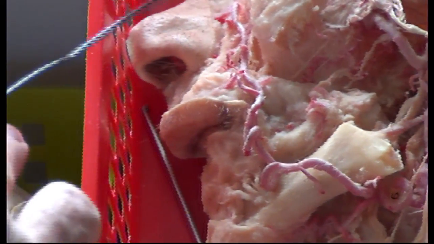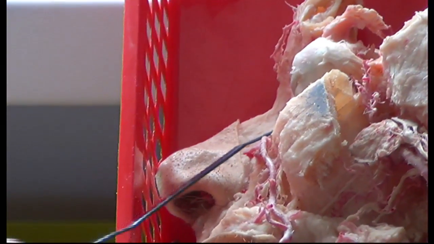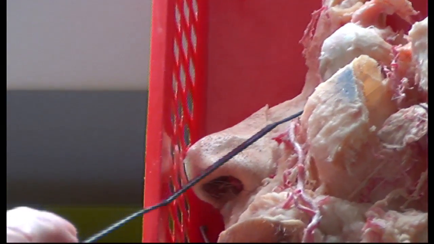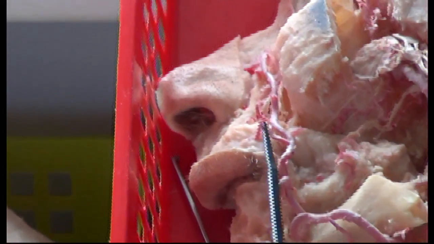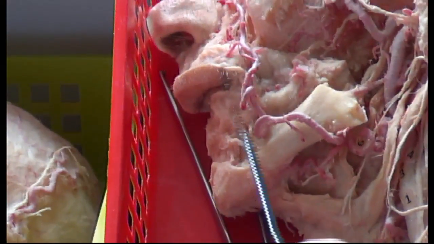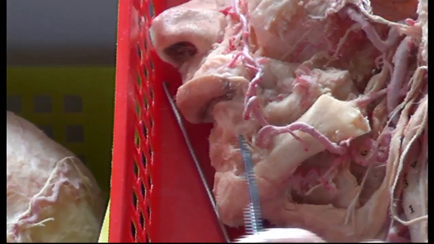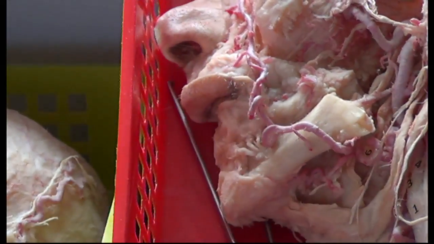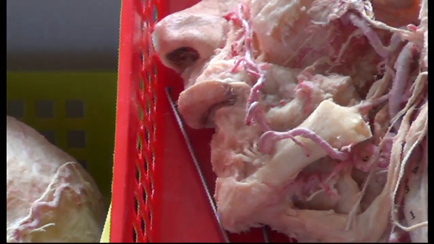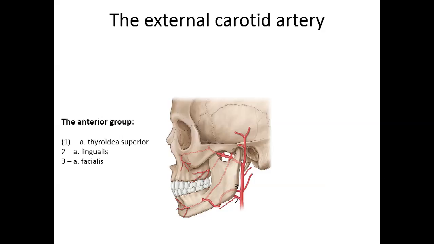Here it is, and it elevates to the medial angle of the eye and takes some branches for upper lip, for lower lip, and to the nasolabial fold. Thank you. We shall return to our presentation.